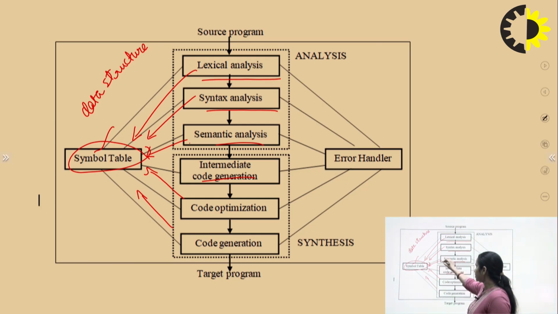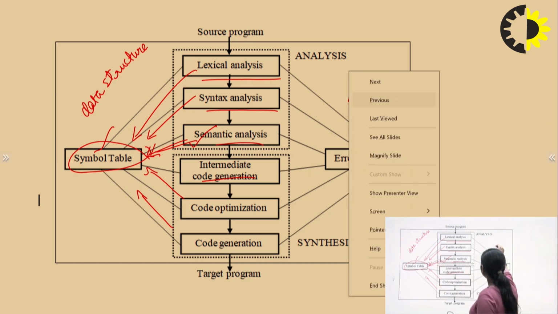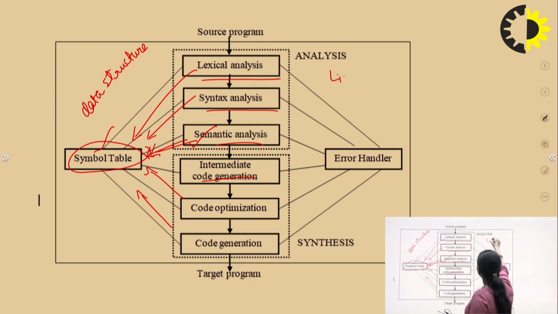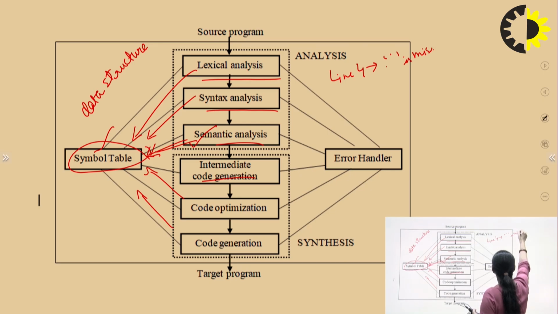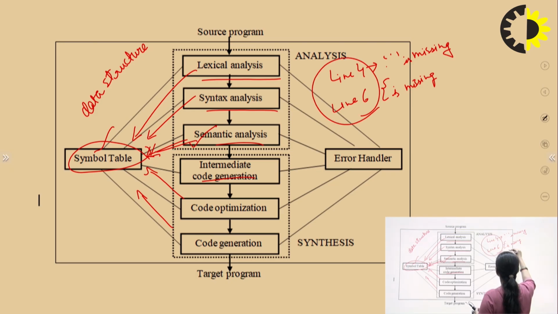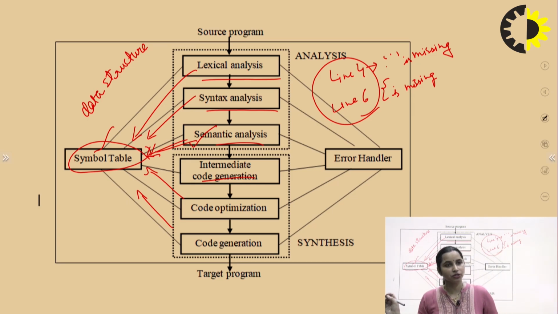Suppose the error is at this stage, so the symbol table will tell that on line 4 this is missing, braces are missing, or line 6. How is this message generated? Because it gathers the information of every line.